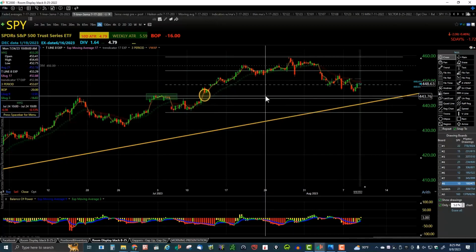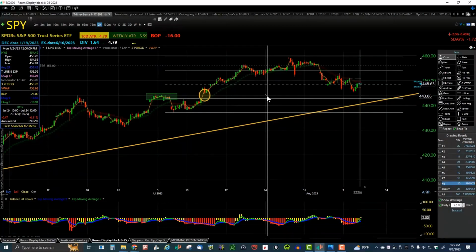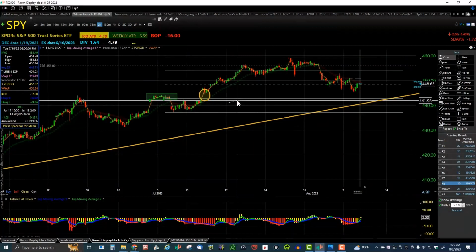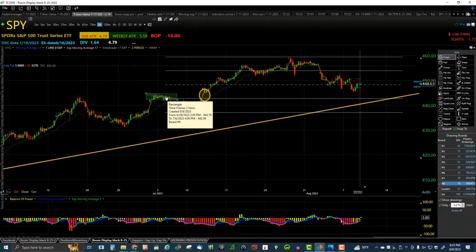As you can see, this should be support right in this area of 443.86. So I'm looking for price to either stab that pretty hard or spike it pretty hard in that area, or possibly even move through it to do the gap fill. So we'll see what happens here. But that's where I'm looking.